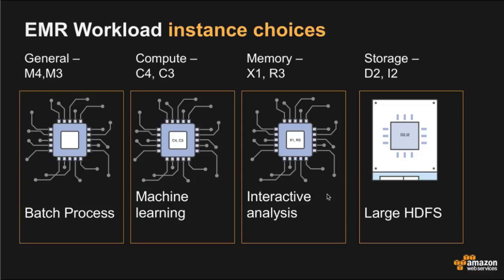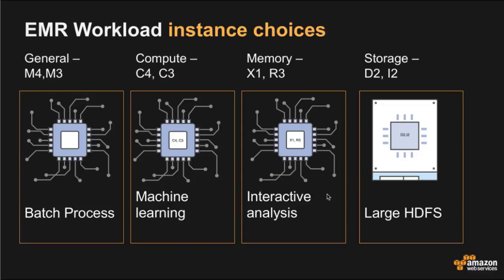We see many customers performing interactive analysis type of workloads use these instance types as well. If you have a cluster where you have a large data set or a large HDFS file system that you are trying to use in your cluster, then definitely D or I instance types are a good fit.